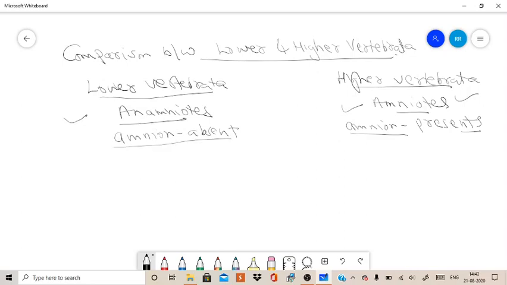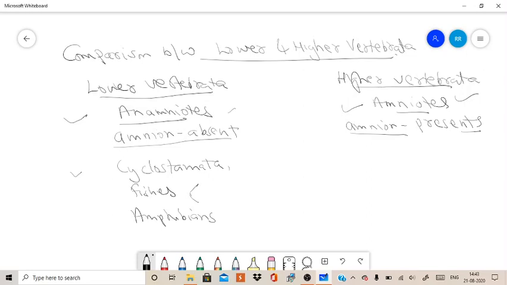Then we say that the anamniota include cyclostomata, fishes, along with amphibians.